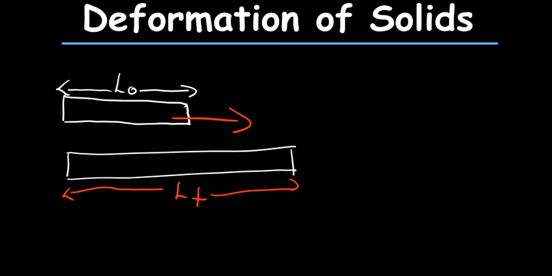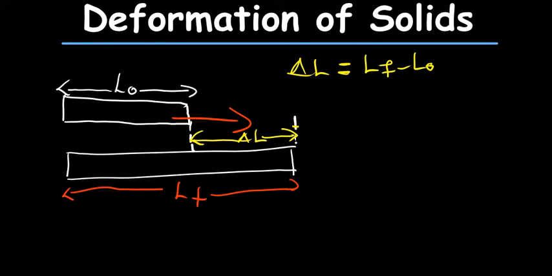So I can clearly see that this part here is going to be my change in length. That is how much change in length I have. Now, how do you find the change in length? The change in length can be found by L final minus L initial. One thing we need to understand here is that when we're talking about the change in L, we are talking about the extension.